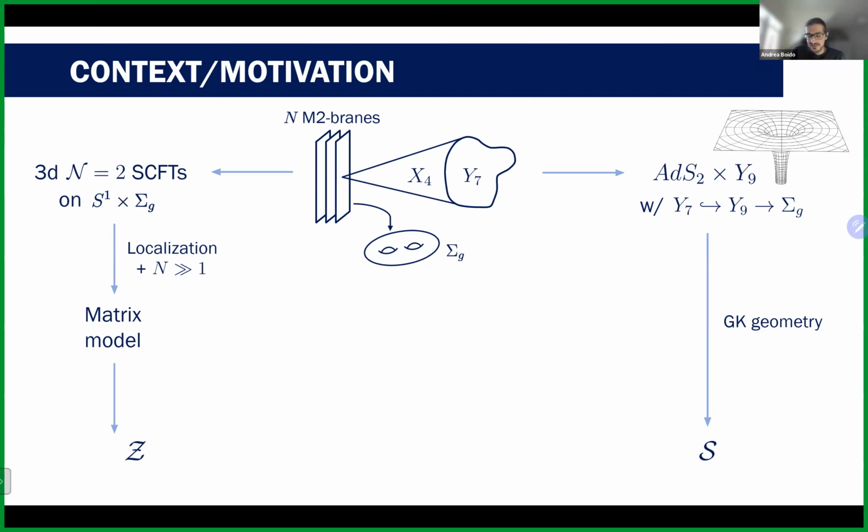My point here is just that you can compute the entropy of these black holes, and rather unsurprisingly, these two quantities match up to taking the logarithm of the partition function.